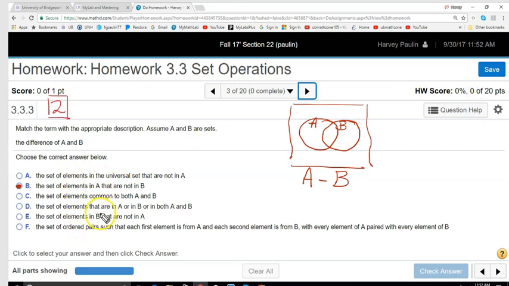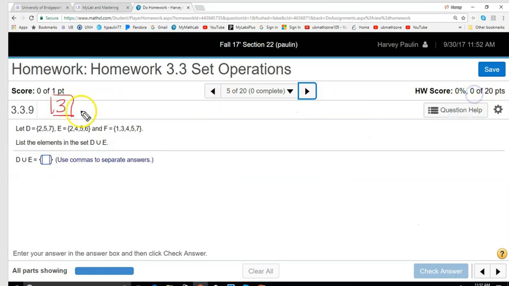And once again, some other scenarios are described here. But the difference of A and B is those elements in A that are not in B. So you've taken away any elements in B, those that would be intersecting, away from A. So now it's just the elements that are part of this A and not the intersection.